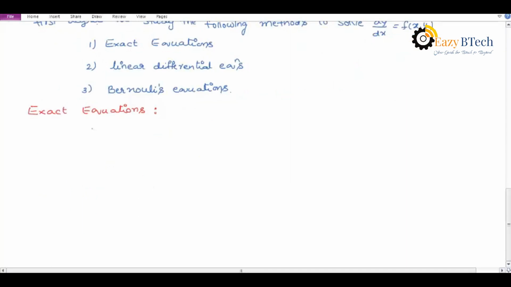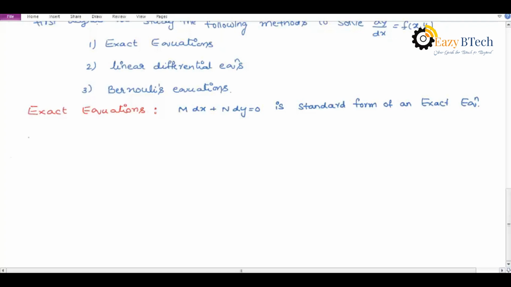So M dx plus N dy is equal to 0 is the standard form of an exact equation.